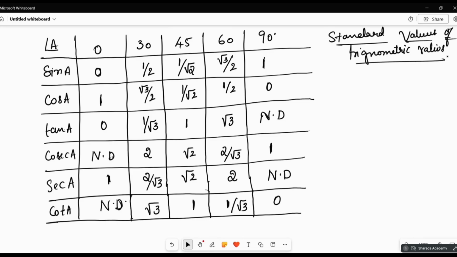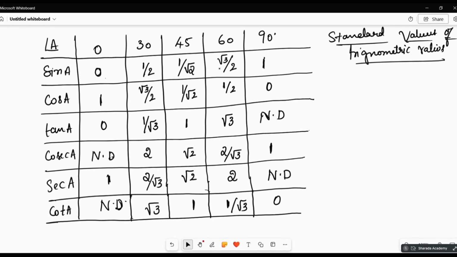If you observe the table, we started from 0 degree up to 90 degrees: 0, 30, 45, 60, 90. If you observe the sine values, they keep on increasing from 0 to 1. First 0, then 0.5, then 1 by root 2, which is more than 0.5, then root 3 by 2 which is more still, then 1.